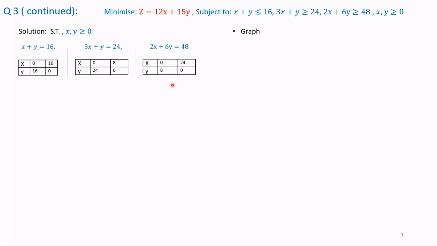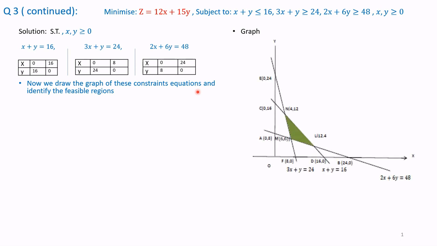Now let us draw the graph of these constraint equations given above and identify the feasible regions. So the graph can be drawn on a graph sheet. Please take out a graph sheet, and on the left side and at the bottom, leaving some margin space, mark the origin O here.